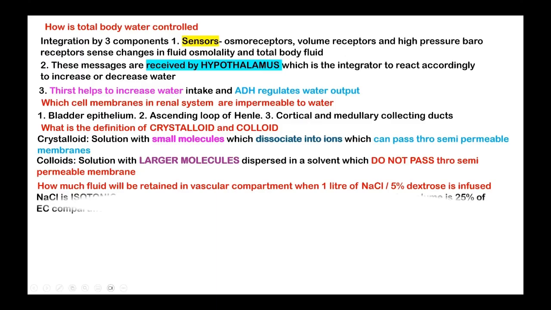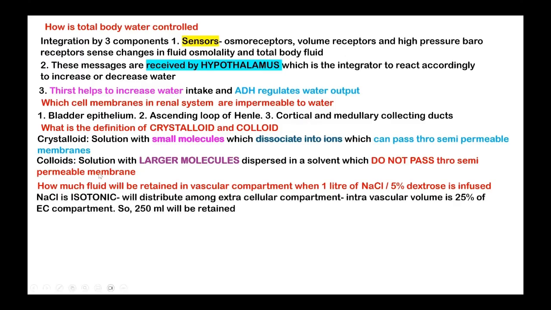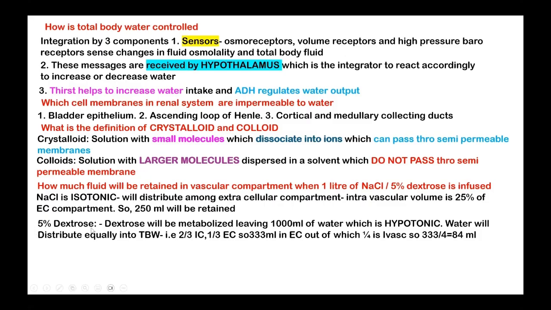The method of calculating: sodium chloride is isotonic, so it will distribute among the extracellular compartment, and intravascular volume will be 25% of the extracellular compartment. So 250 ml will be retained. You give 1000 ml, you can expect 250 ml to be retained in the vascular compartment because 25% is the volume. Whereas when you give 1000 ml of dextrose, dextrose will be metabolized immediately and it will leave only 1000 ml of water, which is hypotonic.